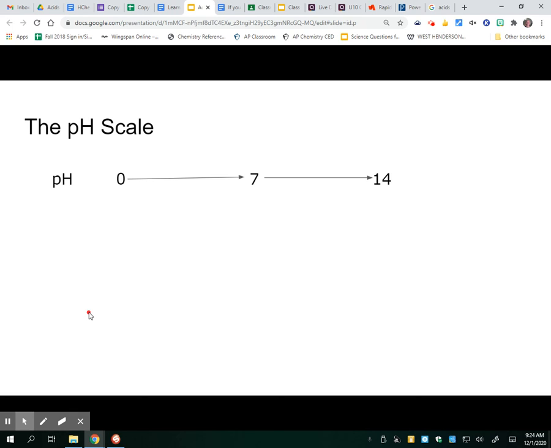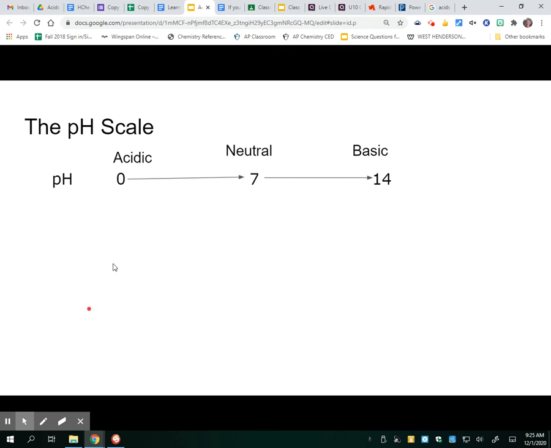Now, the pH scale does run from 0 to 14, not 1 to 14, 0 to 14. And below 7, so from 0 to 7, we have an acidic solution. Neutral is right at 7, and then above 7 is considered basic.